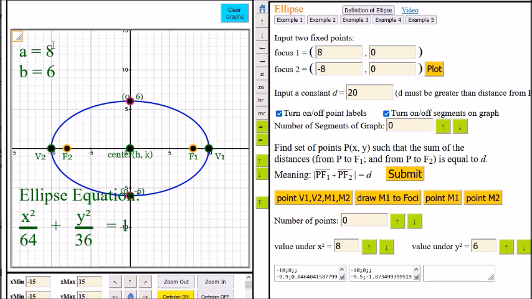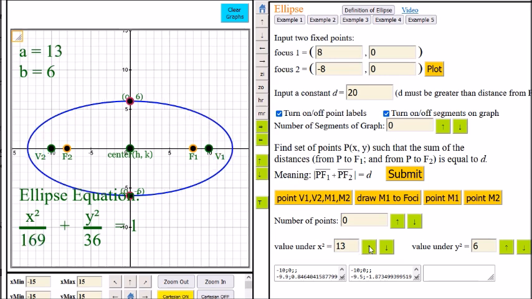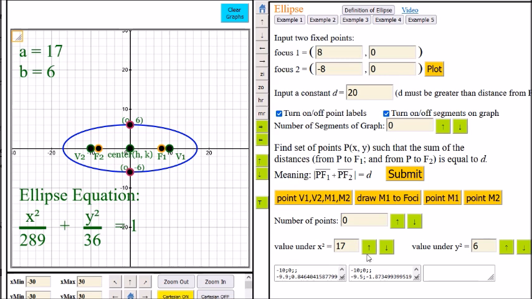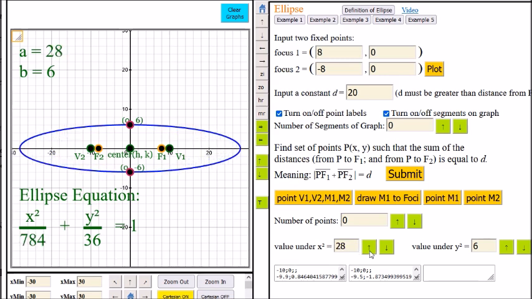And now let's vary the a, and see what happens to the shape of the ellipse. As A gets larger and larger, the ellipse just becomes more elongated horizontally.